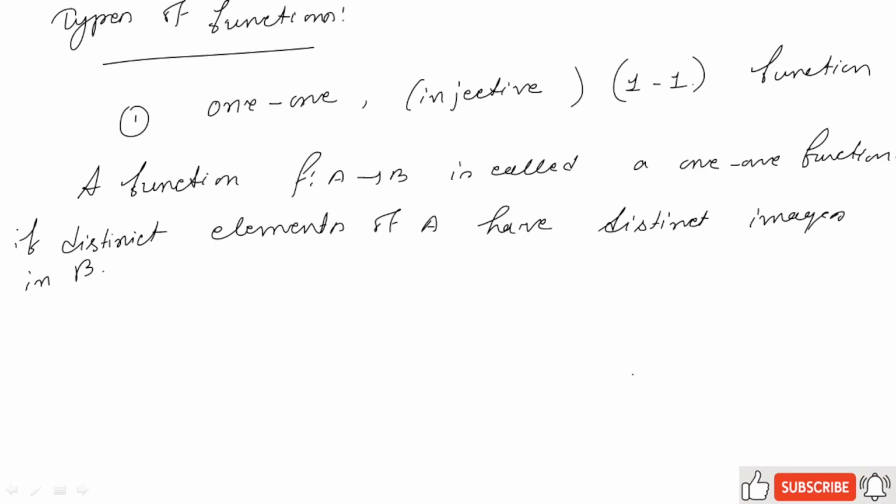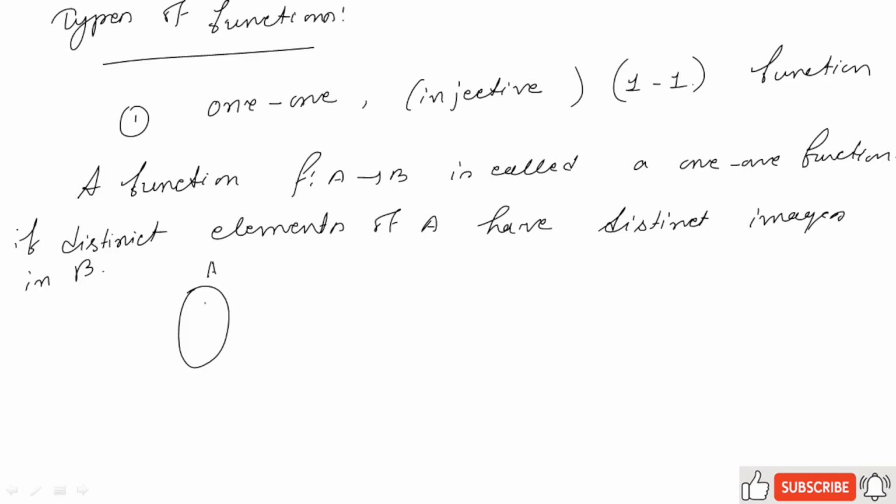That means one image, one element. Each has a single f image. That means the pre-image of elements are always single. Some examples, let us take two sets.